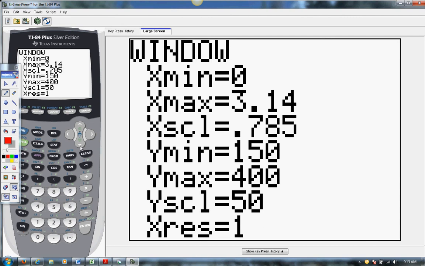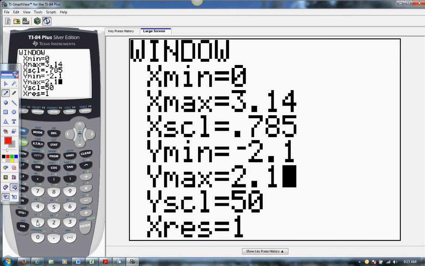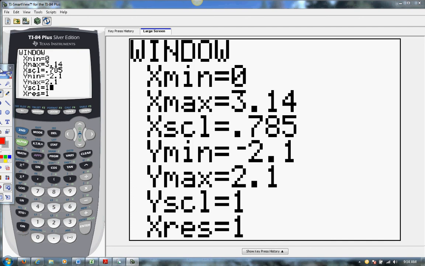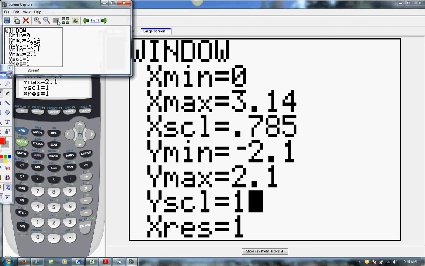Then my y minimum, didn't we say my amplitude was 2? So that is actually -2. So if it were me, I would go -2.1 to +2.1, just to leave a little bit of room, and my y scale could just be 1. And this window screen is one of the most important parts of the whole deal. I've got to be able to use this, because if I don't, your graph will never turn out right.